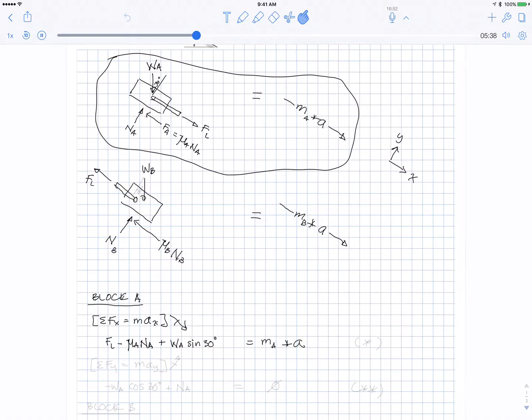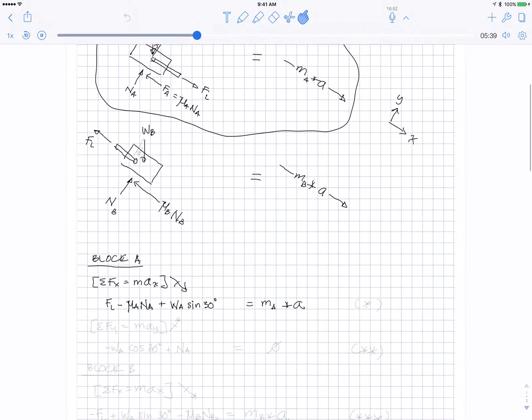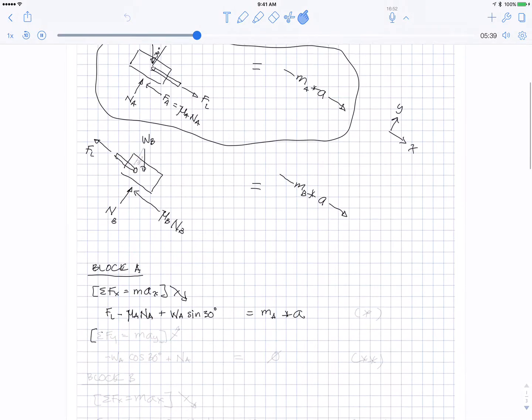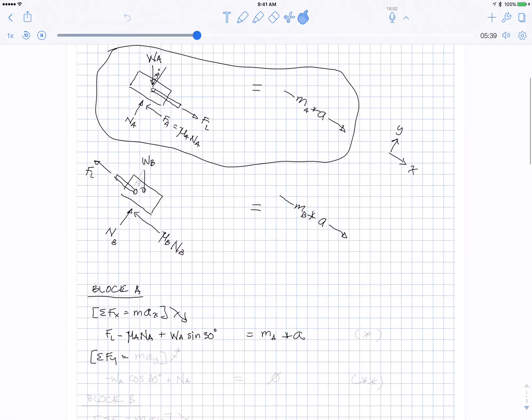Okay, so now if we look in the y direction, going that way positive, up from the ground positive, we're going to have minus WA cos 30 degrees going down towards the ground, plus the normal at A coming up.